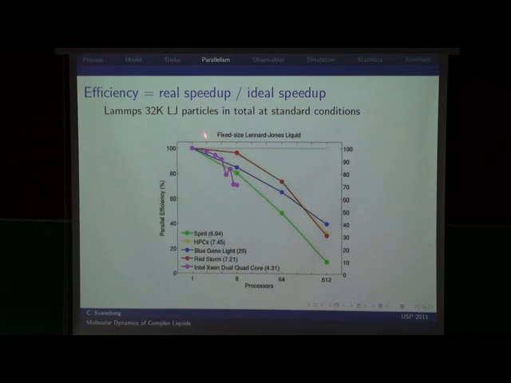So here is a real example. Now the efficiency is scaled to 100. So 100 is perfect linear scaling with the number of particles, and it's a system of 32,000 Lennard-Jones particles at standard conditions. And what you can see is that when we throw more and more processors at this, the efficiency goes down.